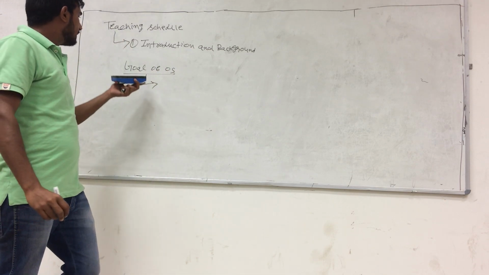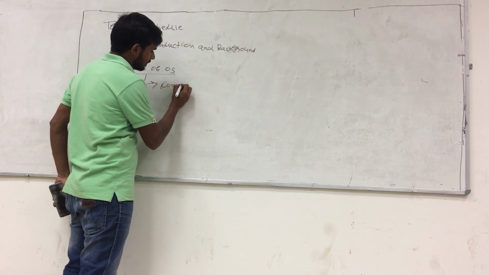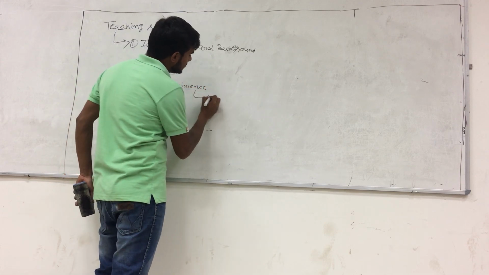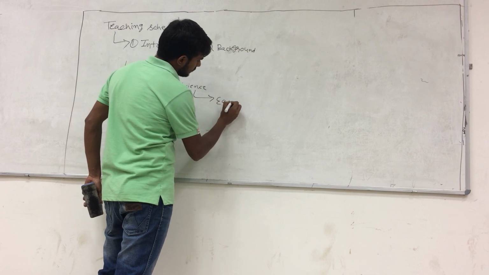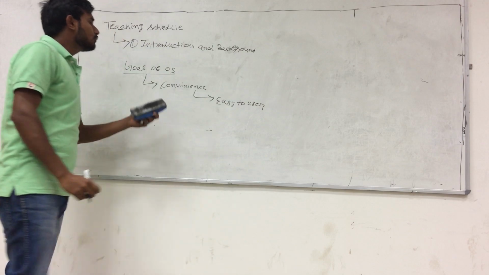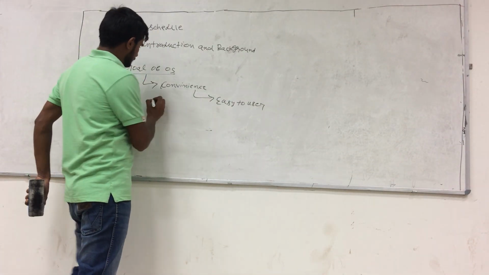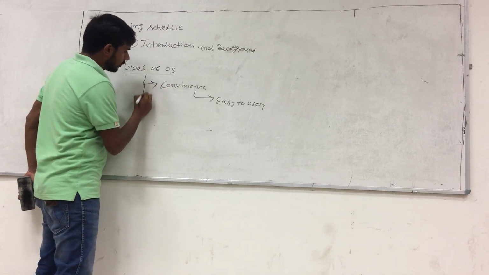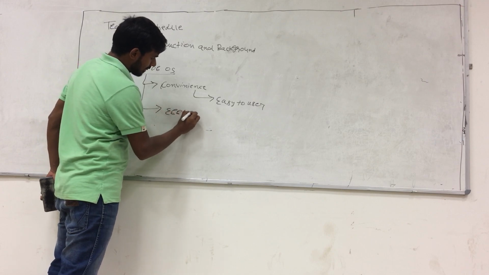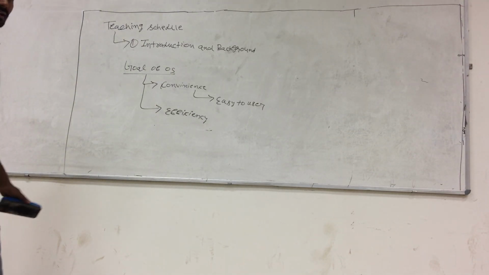The primary goal of the operating system is convenience, means easy to use: how the user can interact with the computer easily. The secondary goal of the operating system is efficiency.